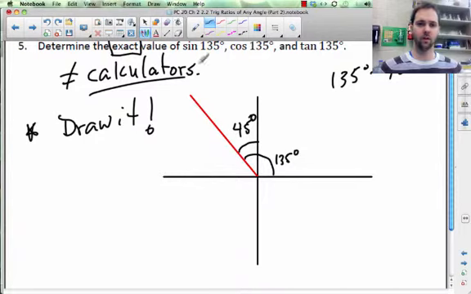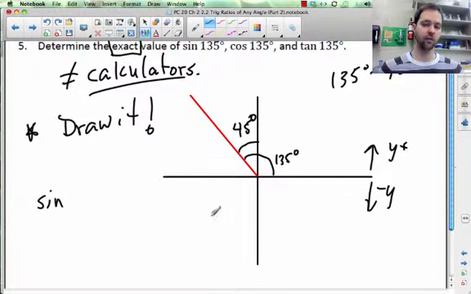Now we can start to figure out the exact value of each of these things. The sine of 135 will be positive because the sine gives you the y value, or the vertical displacement, and everything above the x-axis, y is positive, everything below the x-axis, y is negative.